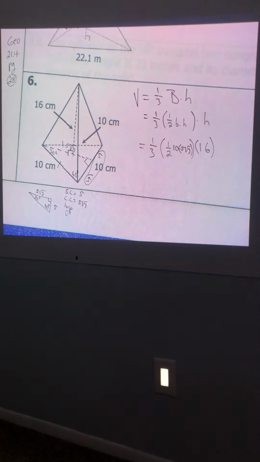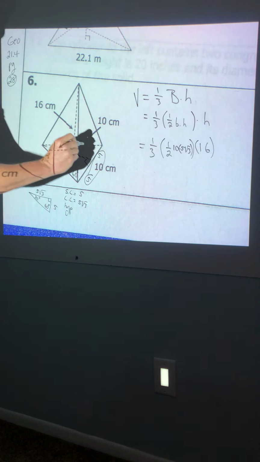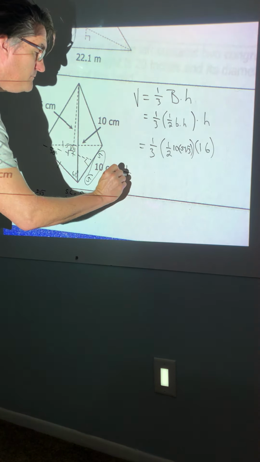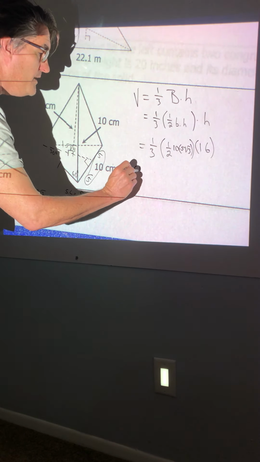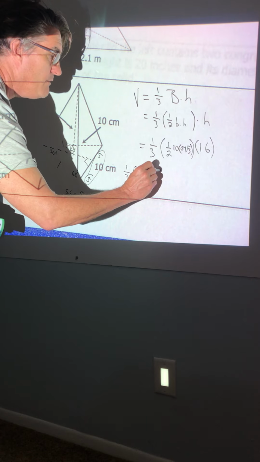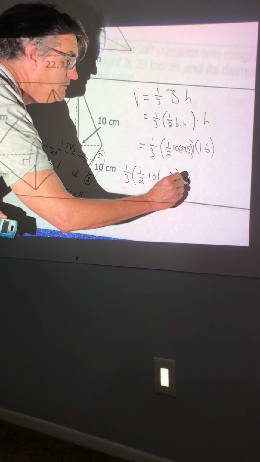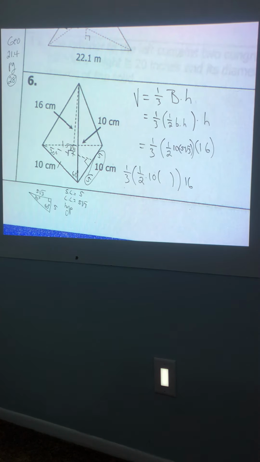And I know what you're thinking right now. You're thinking there are some crazy numbers going on right here. So here's what I'm going to do. Let's leave the 1/3 alone for a second, leave the 1/2 alone, and leave the 10 alone. I really think what's going to bug you is that 5 radical 3. That's my honest opinion. So here we go.